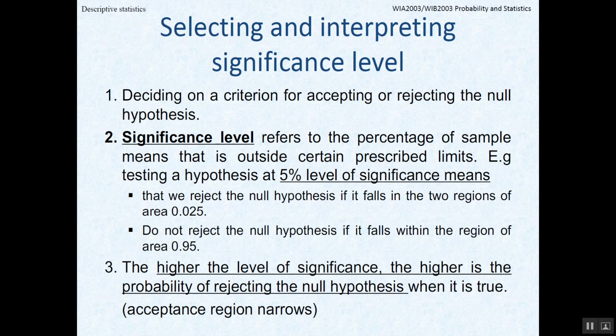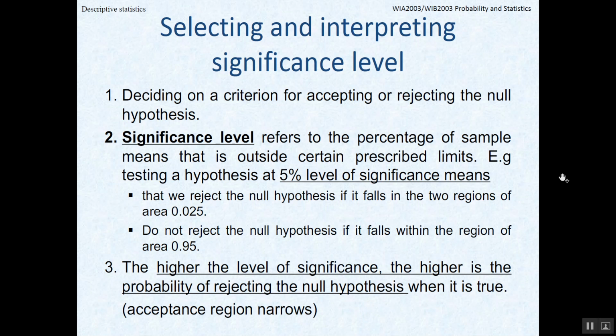If you choose 10% level of significance, then you reject the null hypothesis if it is less than 0.05. Sorry, I misspoke earlier. The higher the level of significance, the higher is the probability of rejecting the null.